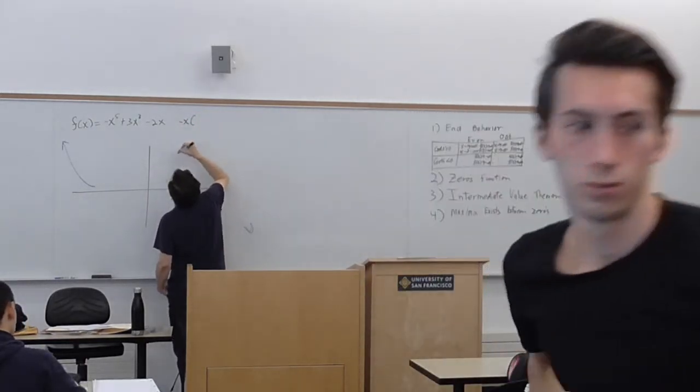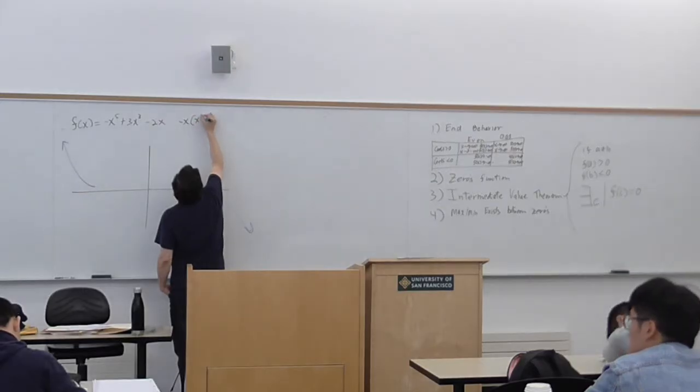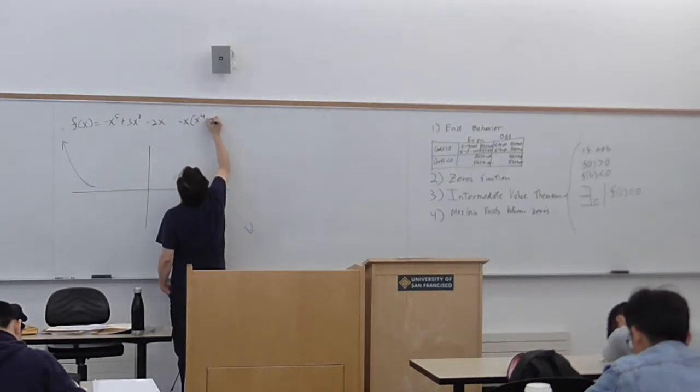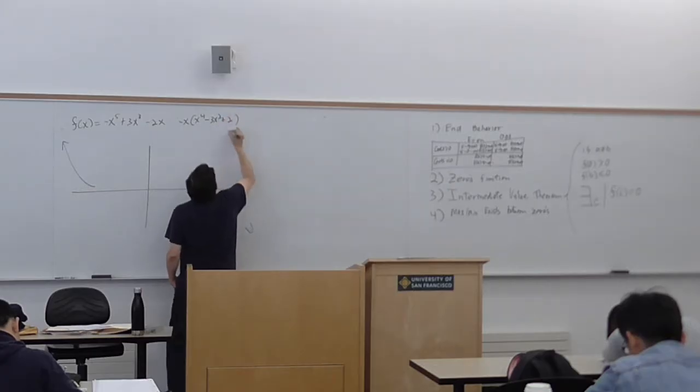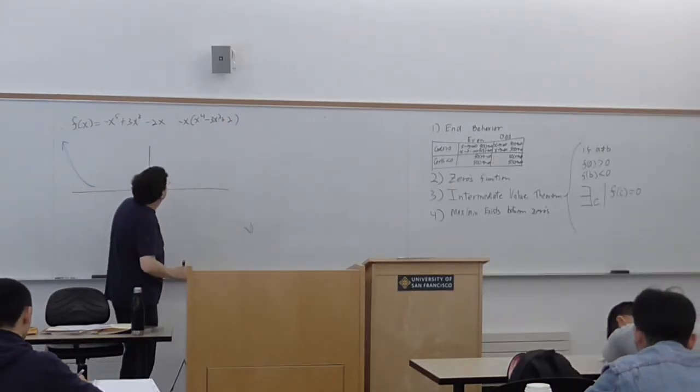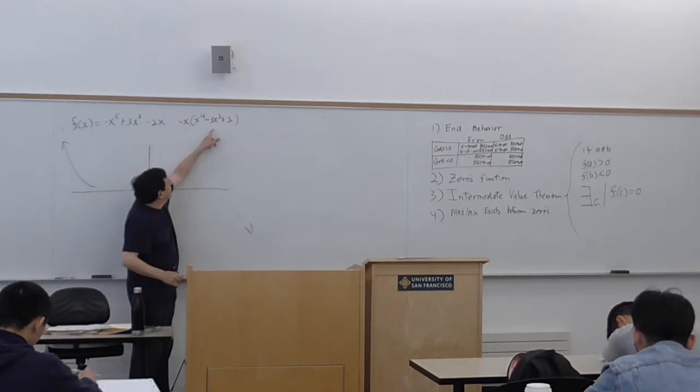Let's take out negative x. It's a little nicer. X to the 4th minus 3x squared plus 2. Any thoughts on factoring this?